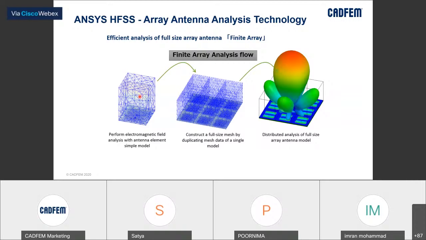Mesh is an important factor in order to analyze any kind of structure. Once we have designed an optimized mesh for a single element, the same mesh can be utilized for other elements of the same structure, to bring out higher fidelity antenna analysis.